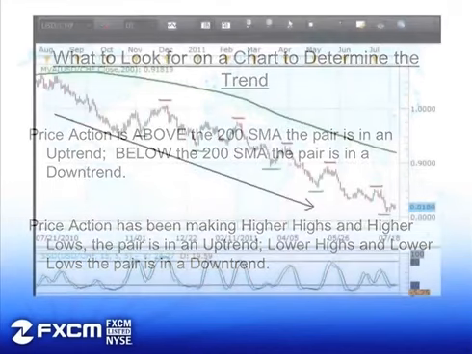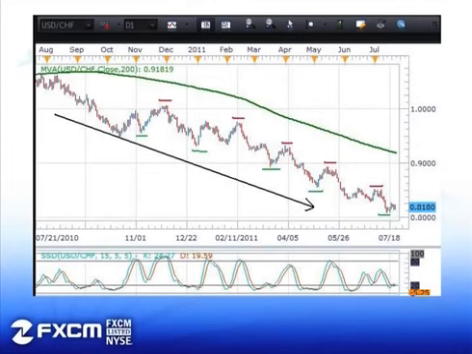Okay, here's this dollar Swiss pair. Looks similar to the USD Swissy, but we can see, A, it's in a downtrend because we can see from across the room it's moving down. It's below the 200-period moving average and increasing its distance. And if we look at these highs, this high right here is higher than that high.